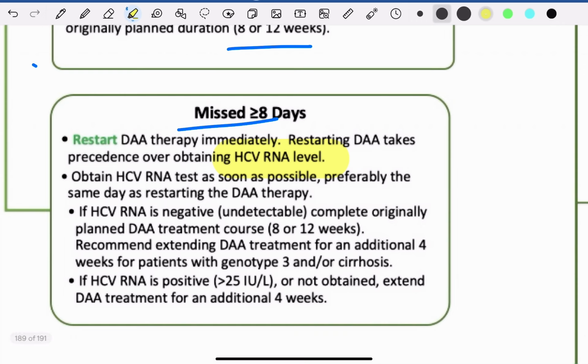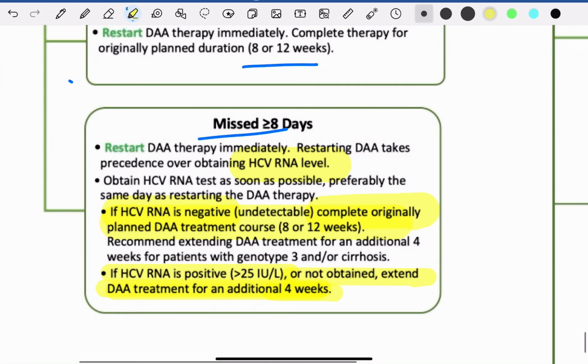If the RNA level is negative, you complete the originally planned course, the plan you made before first initiating tablets. What if the patient's RNA is positive? Then you have to extend the DAA treatment by an additional 4 weeks.